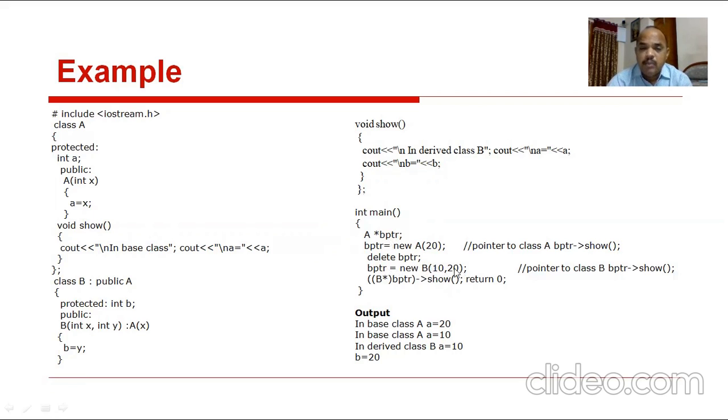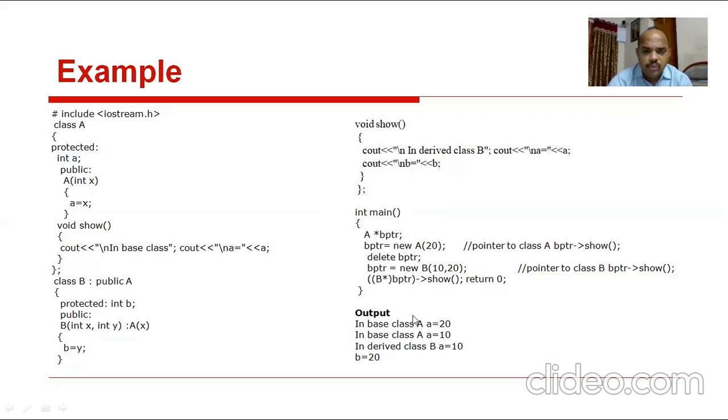So then 10, 20. It will call the derived class constructor member function, that is B, integer X, integer Y. Now X value equal to 10 and Y value equal to 20. Now B equal to A, then the A constructor will execute. Clear? Then BPTR to show function, then return 0.